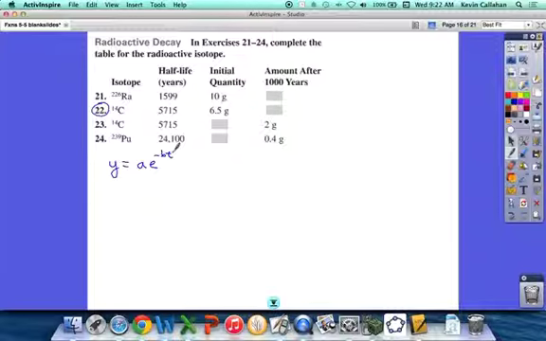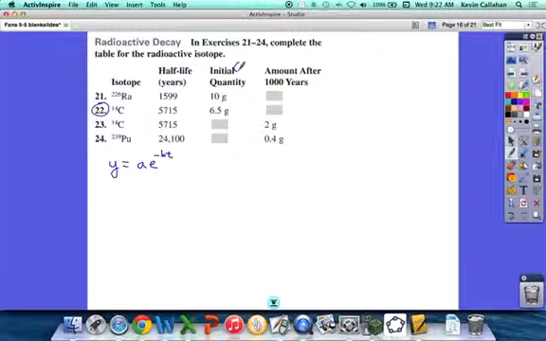So let's see. For 22, the pieces of information we get are the initial quantity and the half-life. Okay. Which of these letters represents initial quantity? What does it mean, initial quantity? The amount at the beginning, right? At the beginning, what does t equal? 0, right? Before you start going forward in time, t equals 0.